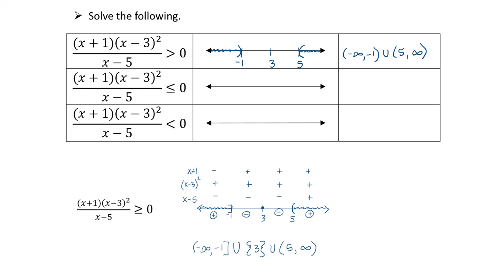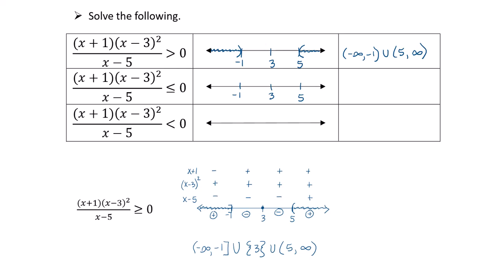Let's say that we had less than or equal to 0 as our inequality instead. So we would want to include boundaries that cause the rational expression to have a value of 0. Still, we cannot include 5. 5 causes the expression to be undefined.